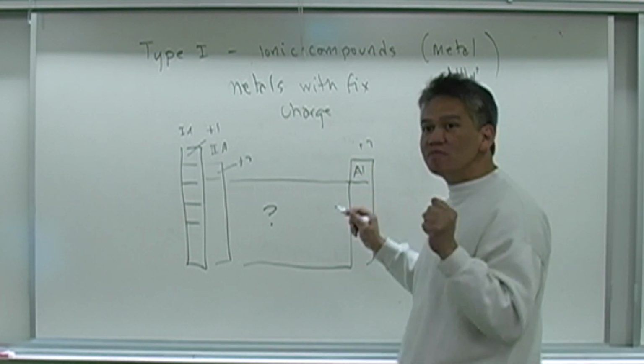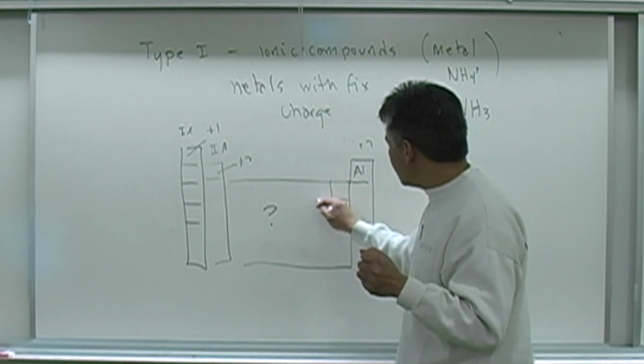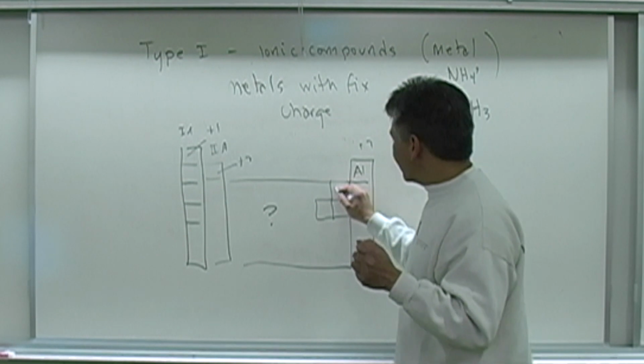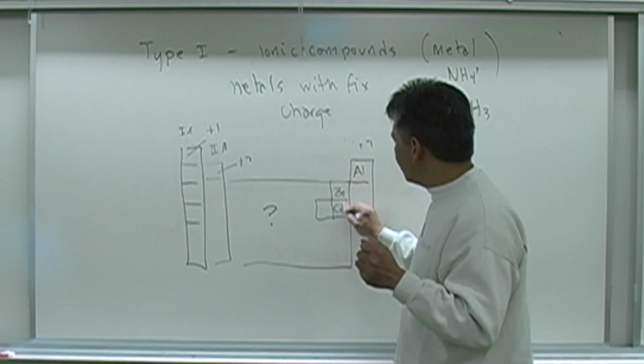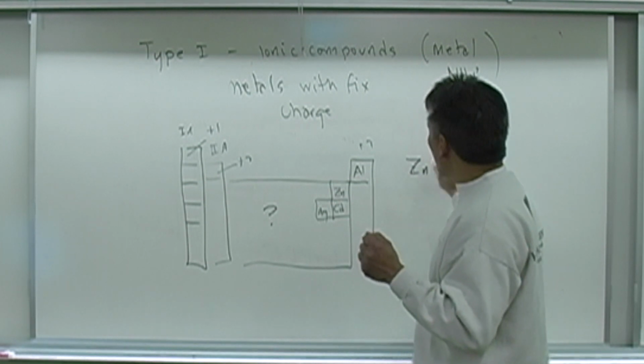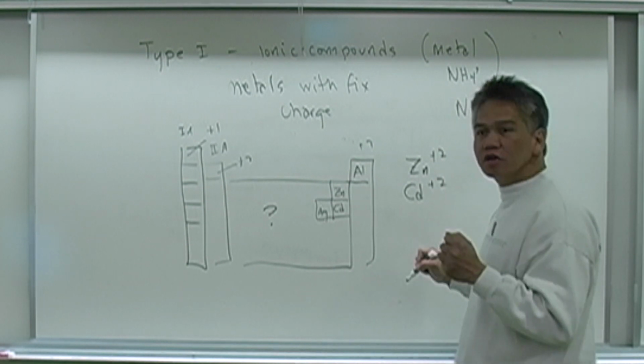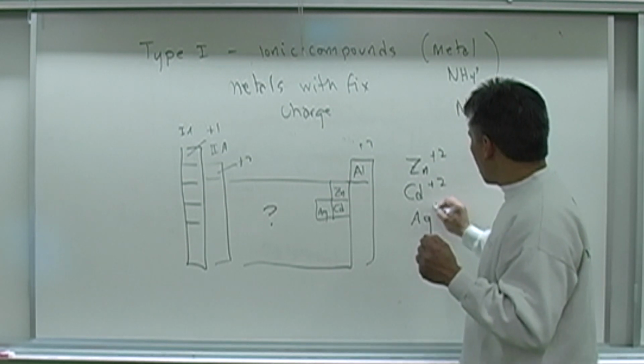And then the transition metals that do have an exception are these right here: zinc, cadmium, and silver. Zinc is always plus 2. Cadmium is always plus 2. And silver, Ag, is always plus 1.